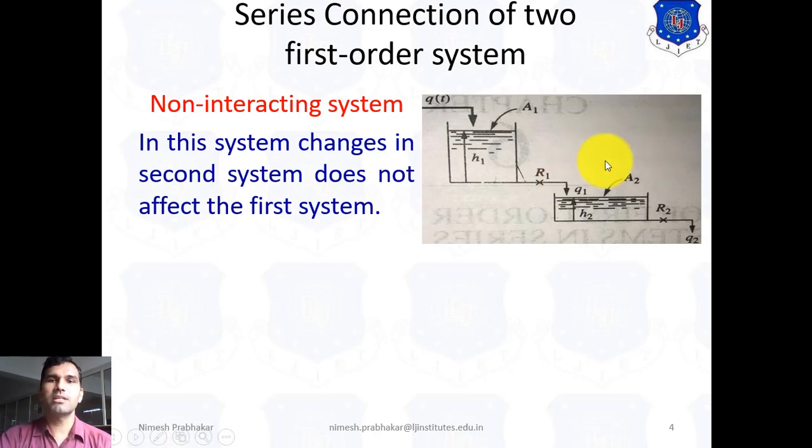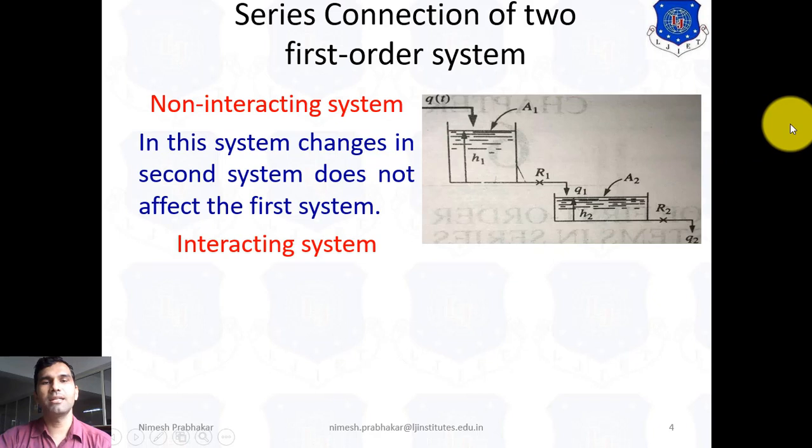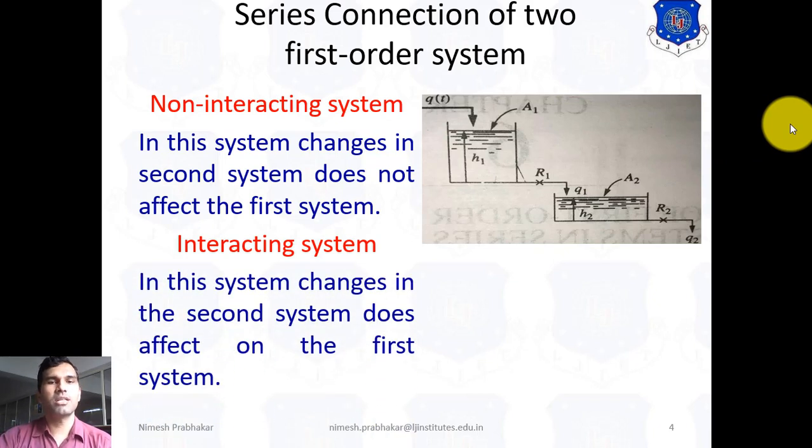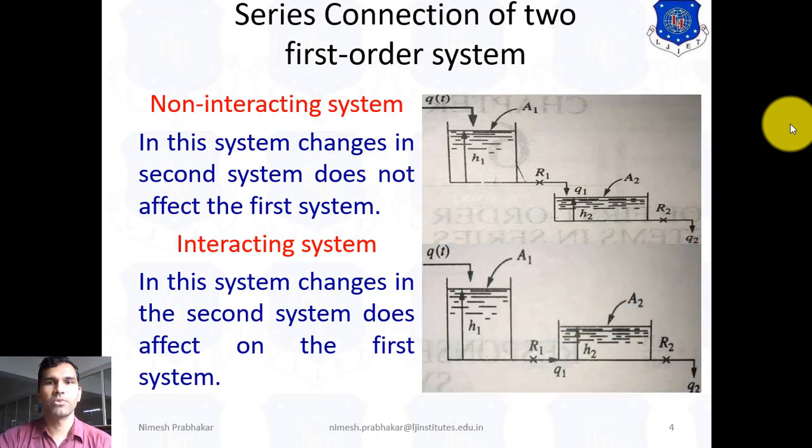Now we discuss the second type, the interacting system. In this system, a change in the second system does affect the first system. We understand this with the help of the figure. Here we also take two first order systems: the first is a liquid tank and the second is also a liquid tank.